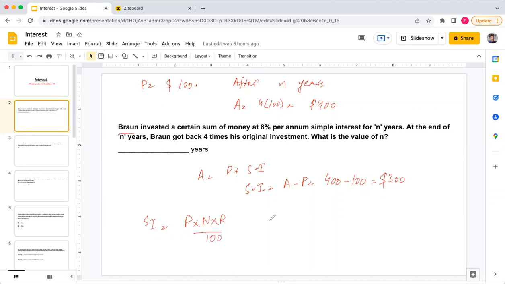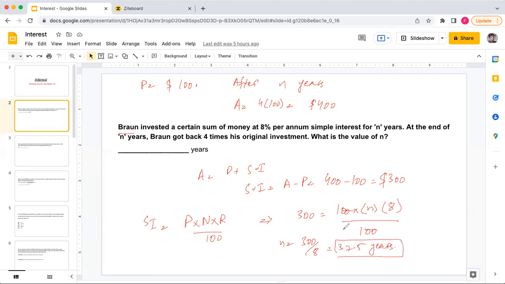Simple interest is 300, principal is 100, n is what we are asked to find, and R is 8 divided by 100. This cancels out, and n is equal to 300 divided by 8, which is 37.5 years. This is the first way to solve this question.